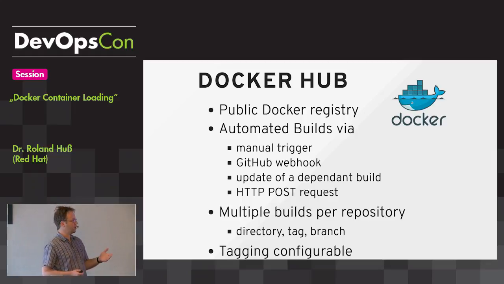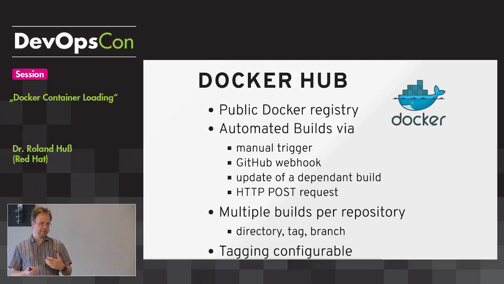But it also has a nice feature called automated builds, and you probably all know what automated builds are. You configure in Docker Hub a URL where your source or your Dockerfile is, and then it starts builds according to certain triggers. You can, of course, start it manually. You can connect a GitHub webhook with the build so that every time you commit into the repository where your Dockerfile lies, a new image is created.